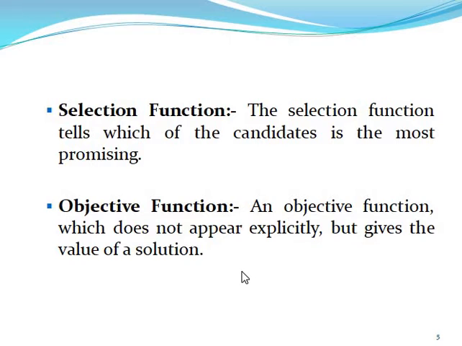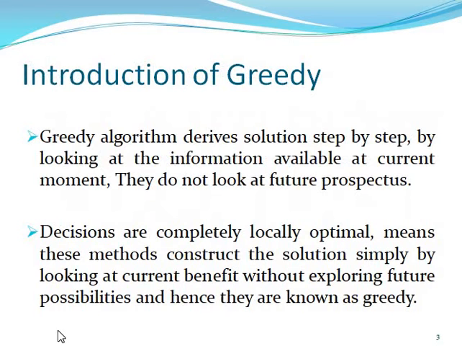So this is the main function. You can see what the objective is. It is not a particular solution but is mostly used across the variety of greedy algorithms. So this is the introduction. First, it is mostly used locally, not with the future perspective.